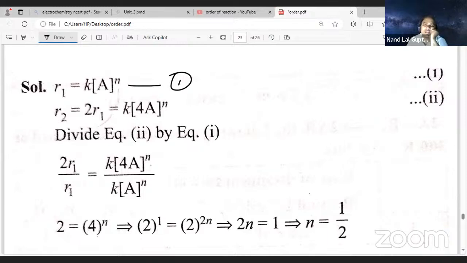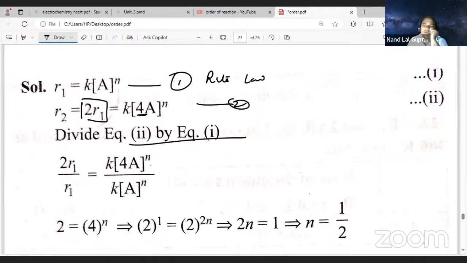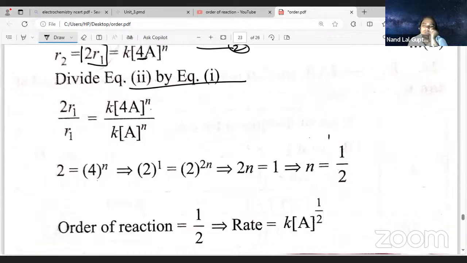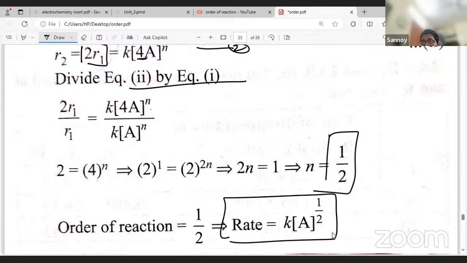The normal rate law is R1 equals K A power n. In case two, the rate becomes 2 times when the concentration increases 4 times, 4A. This becomes equation 2. Dividing 2 by 1, 2R1 by R1 equals K 4A power n by K A power n. If you solve, the n value comes to half. So the order of reaction is 1 by 2, and the rate is equal to K A power 1 by 2.